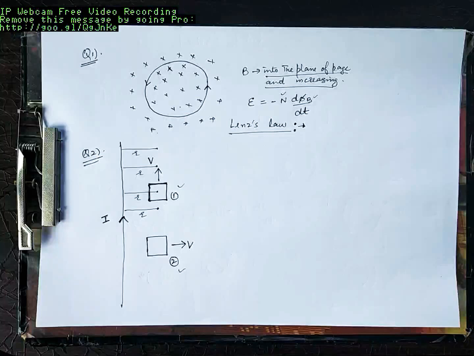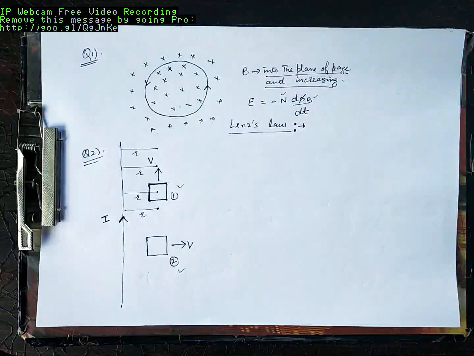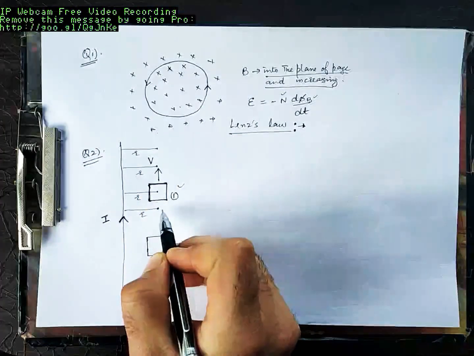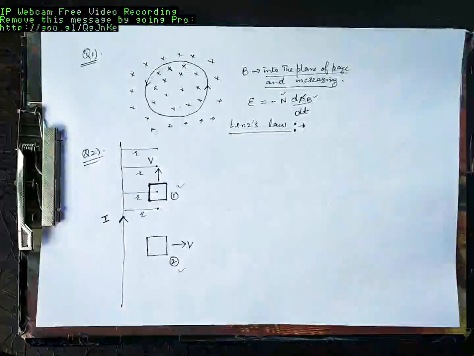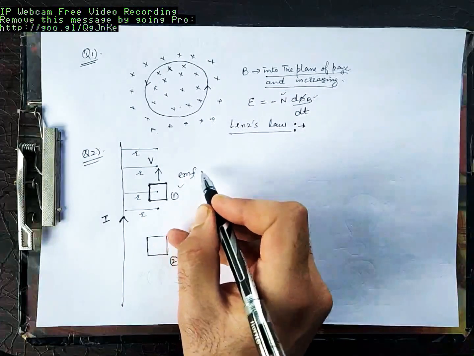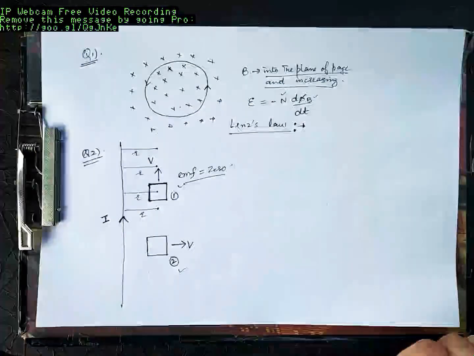There is no change in flux, so the EMF induced in loop 1 is 0.